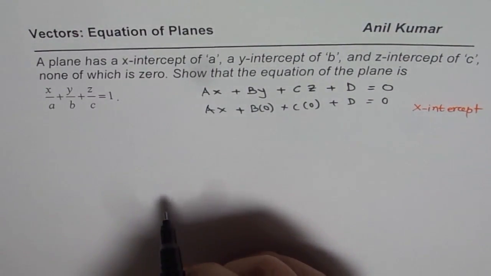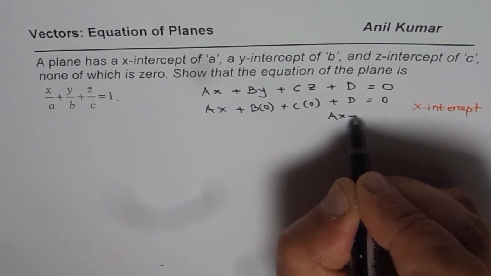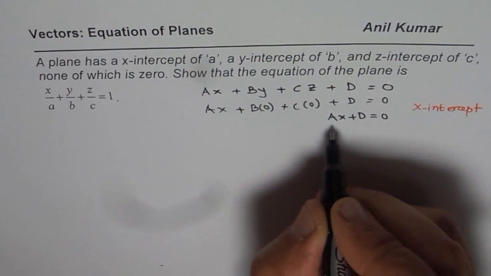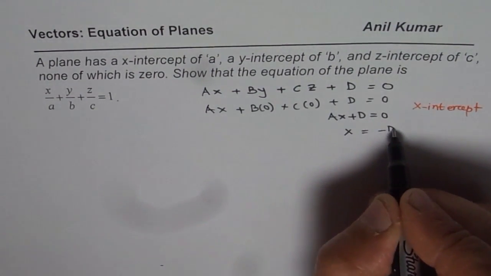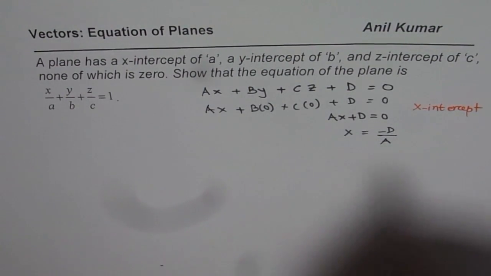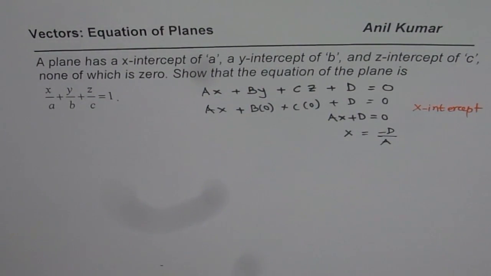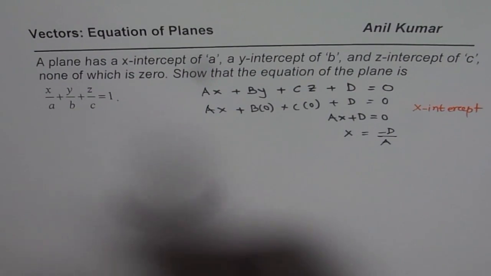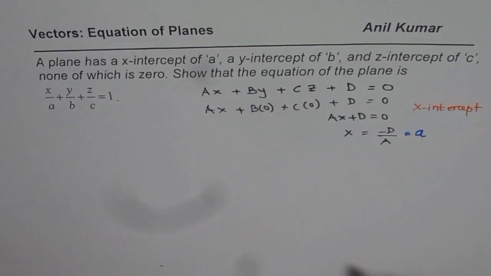These two terms will be 0, so we are left with ax plus d equals 0, and we can solve this for the x-intercept. So x equals minus d over a. So basically the x-intercept is minus d over a. What we are given here is actually a is the x-intercept, so we'll write this as a. Do you understand?